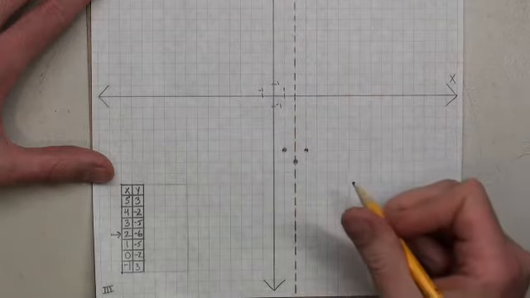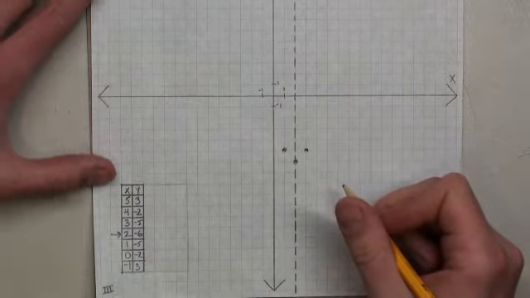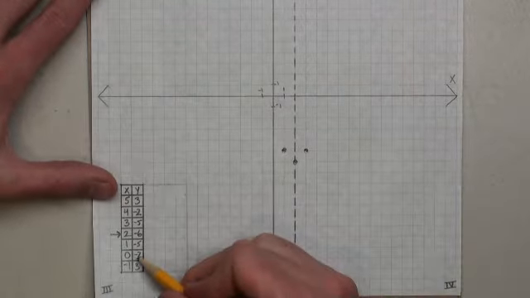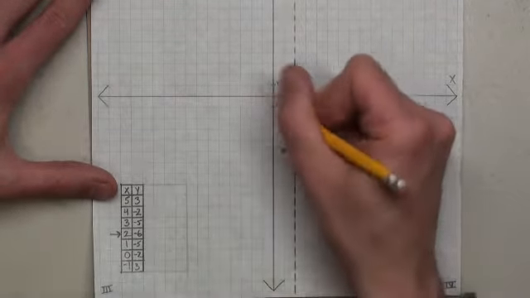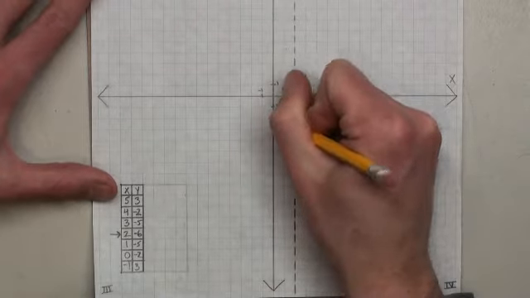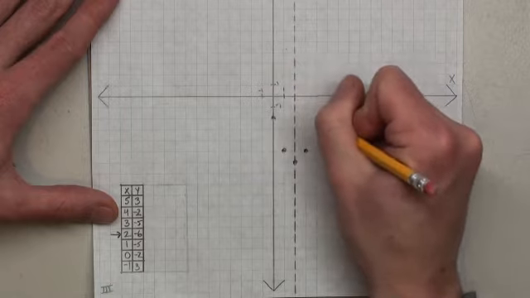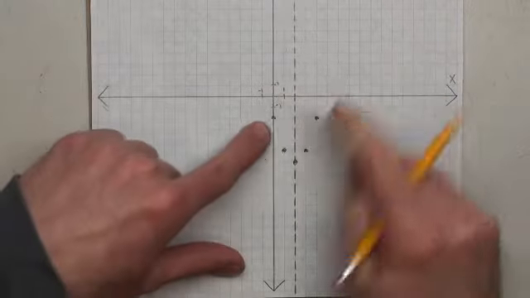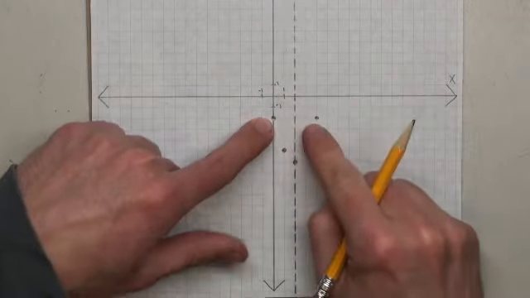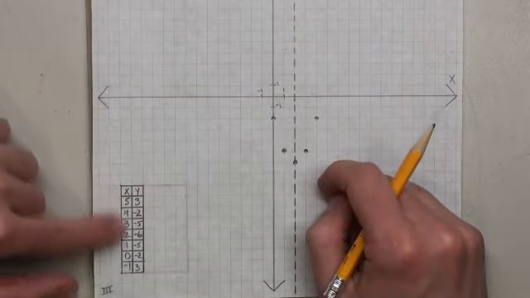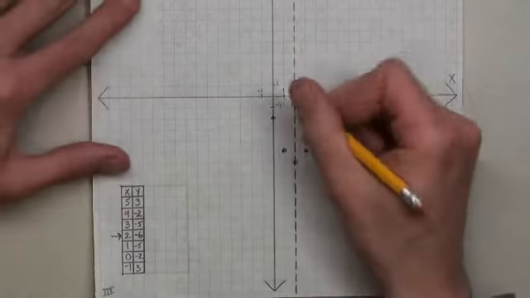They're going to be on the same distance from the line. Right? So now if I plot 0 comma negative 2 and I plot 4 negative 2, see, they're the same distance from the line. And now we can plot 5, 3 and negative 1, 3.